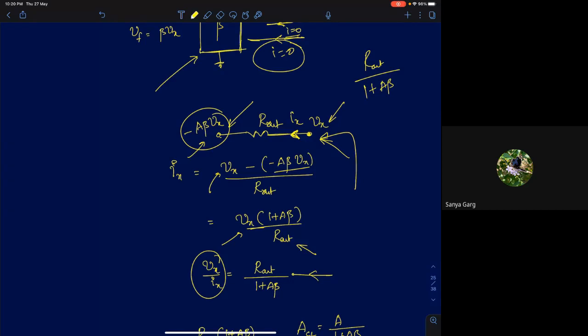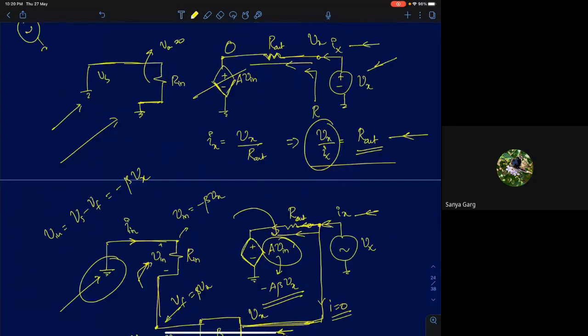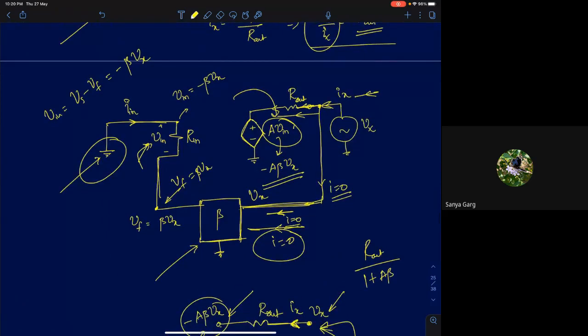Now, does that make intuitive sense? Now look at this amplifier. In open loop, when I was applying a voltage Vx here, there was no feedback at all. So the current was directly controlled by R out, and Vx by Ix was simply R out itself. But the moment you introduce negative feedback, the test voltage you applied to measure the output resistance is going to excite the feedback network.